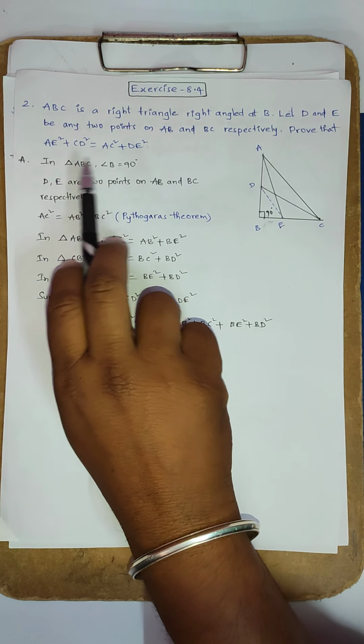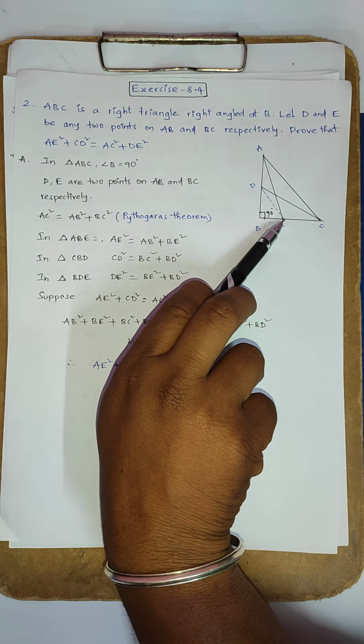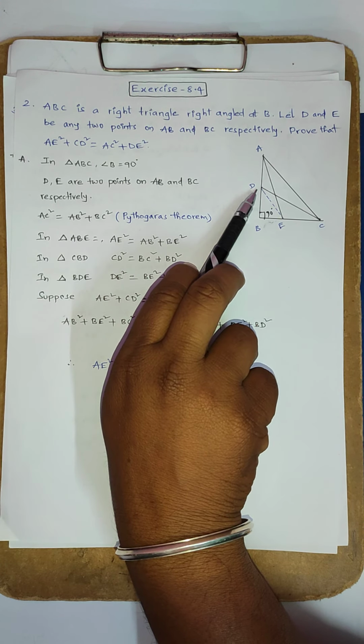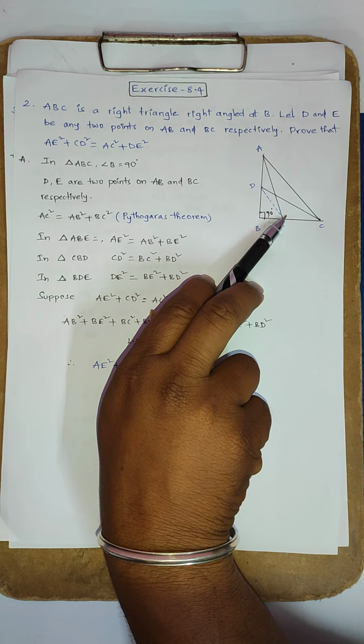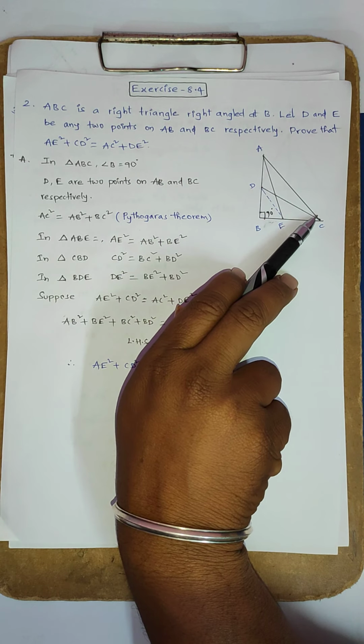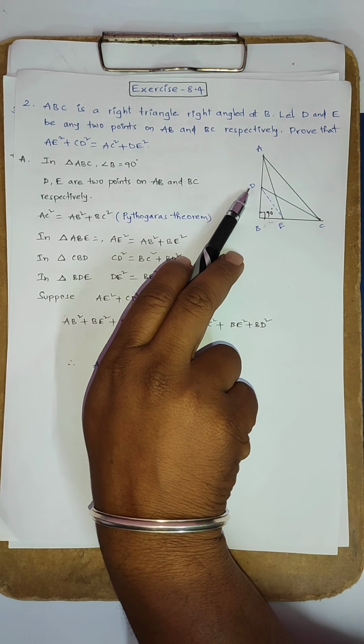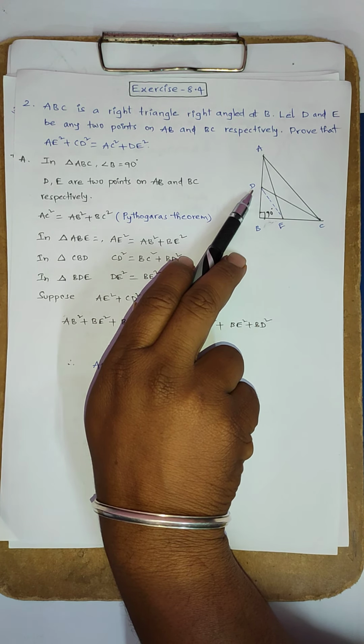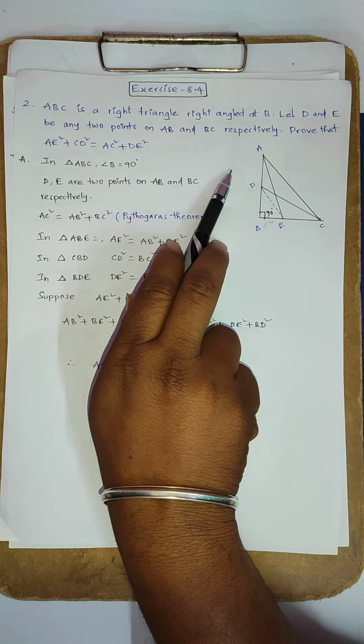Prove that AE square plus CD square is equal to AC square plus DE square. We are asked to prove this condition.